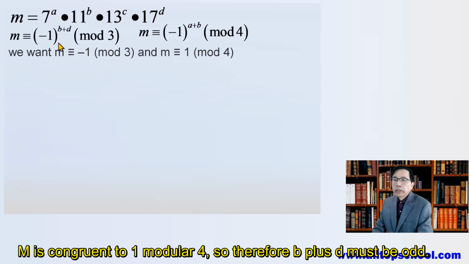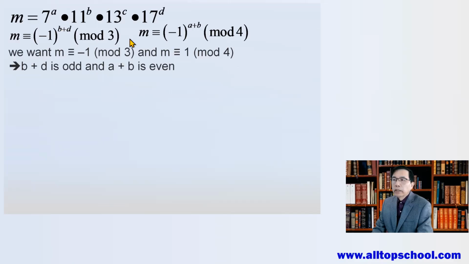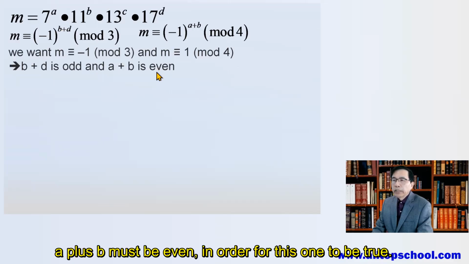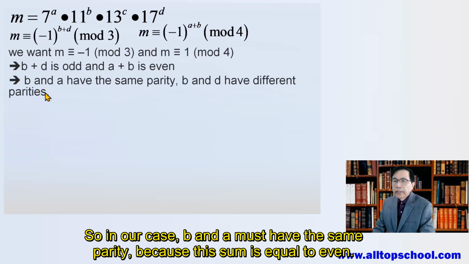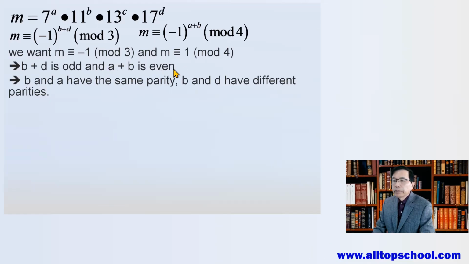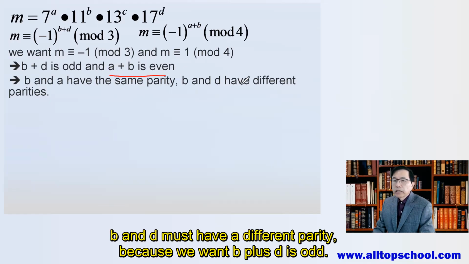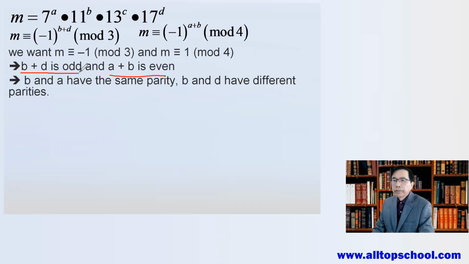Therefore, b plus d must be odd, and a plus b must be even. So b and a must have the same parity, and b and d must have different parity.